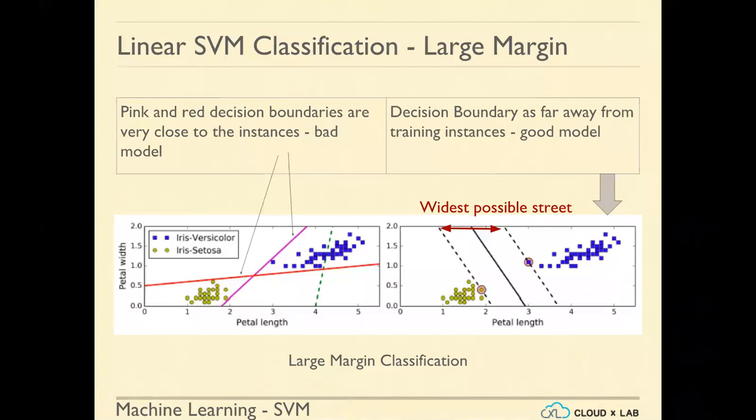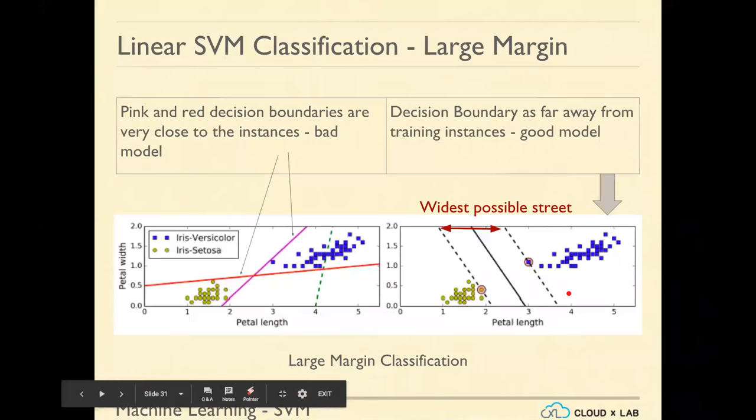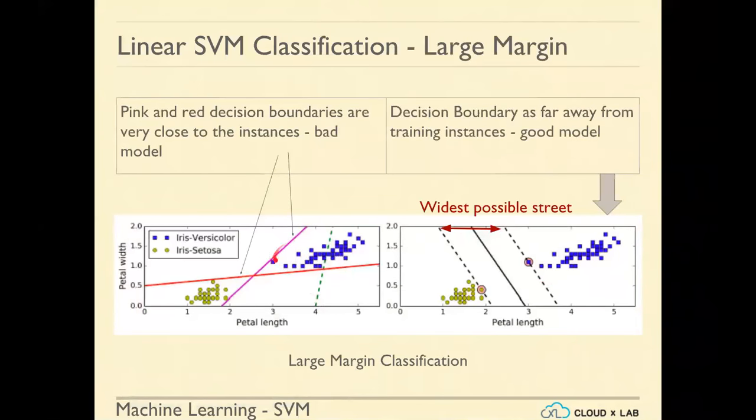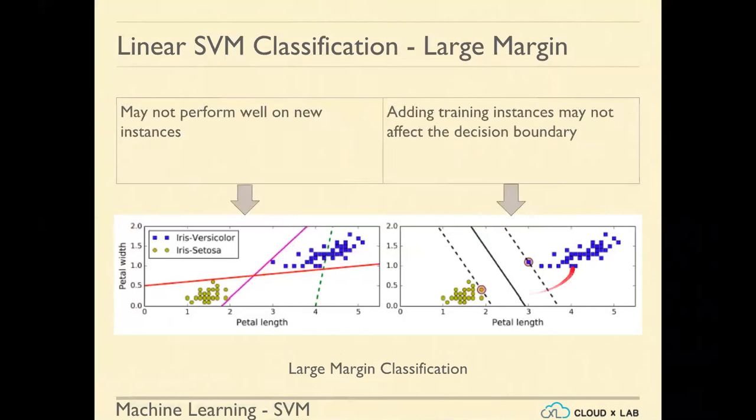The other thing is that as instances are added, the model keeps changing all the time. One more training instance was added here, so the line has to be updated and so on. But in this case, the newer training instances may not affect the decision boundary. This is called the decision boundary.